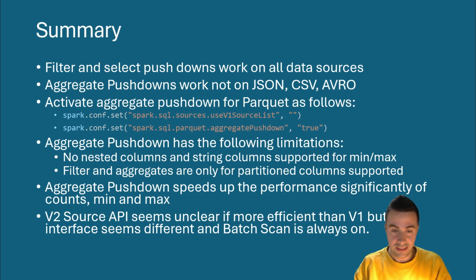The interface also seems different, and the batch scan is now always on, which might have some benefits, but I couldn't figure it out in our experiments or by looking around in the documentation. So let's see what's happening there in the next months on the Spark side.